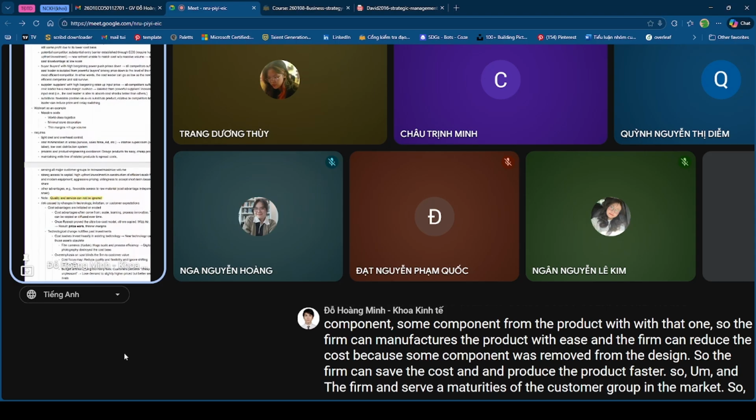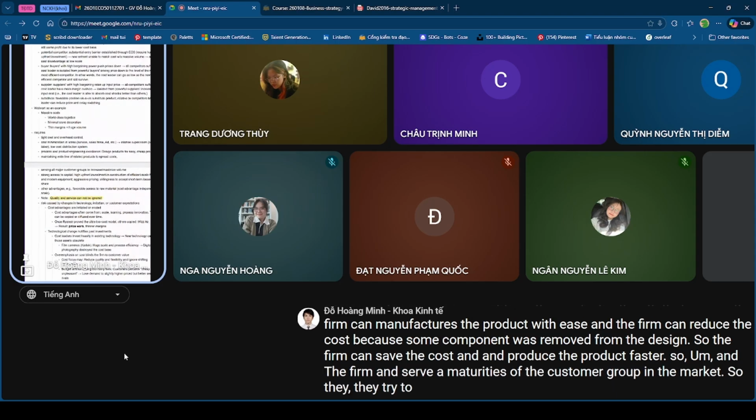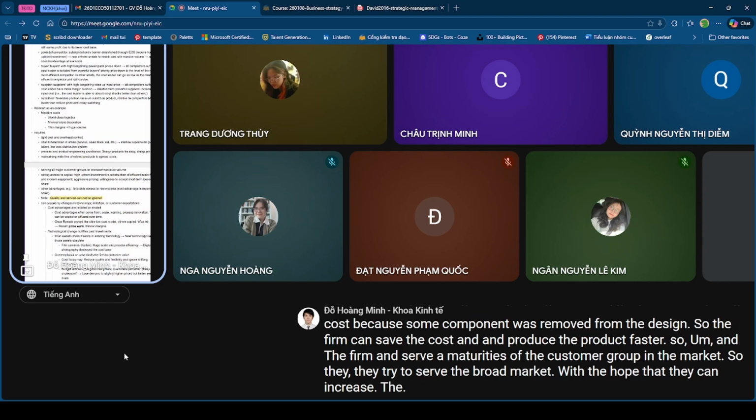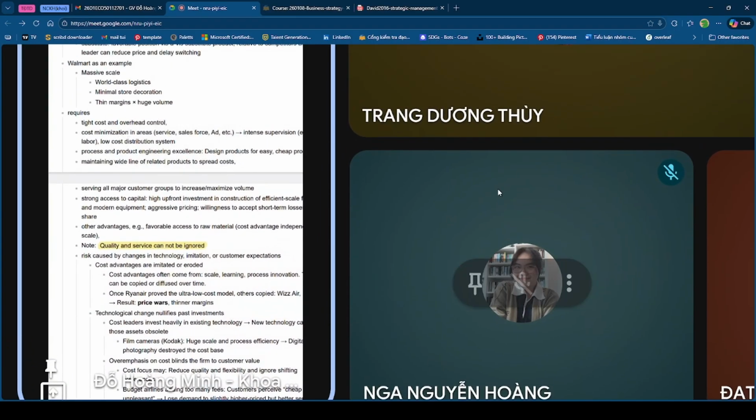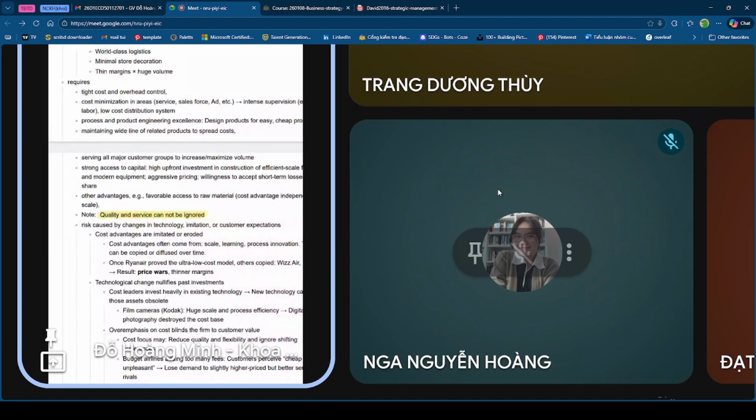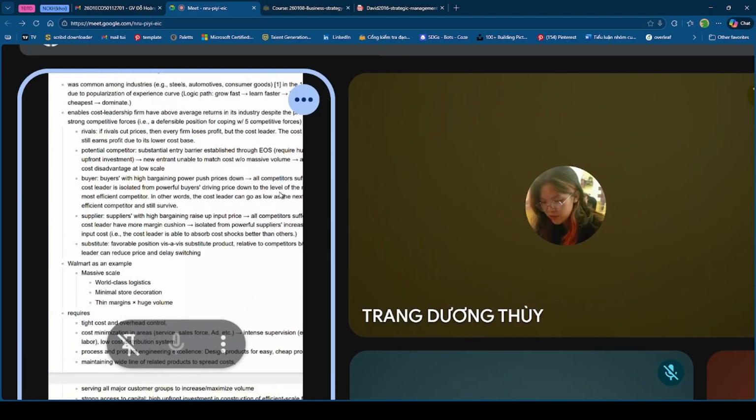Okay? So they try to serve the broad market with the hope that they can increase the operation scale, right? Because when you aggregate the quantity demanded by the segments, you have this huge scale, okay?